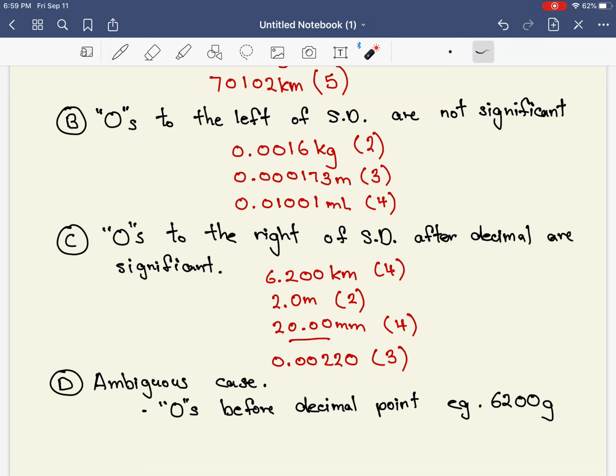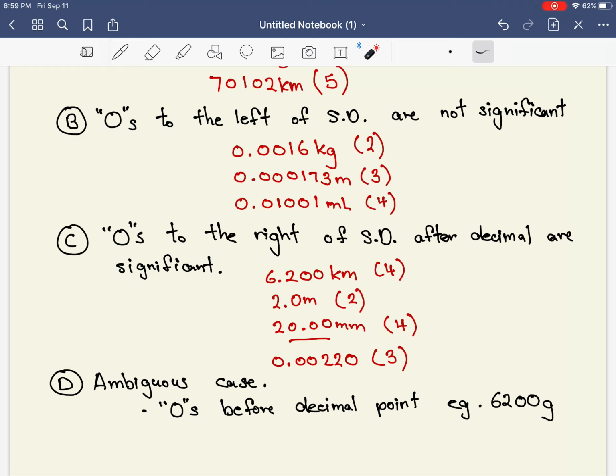Okay. Now, this is the part where it's a little weird. Some say, okay, this is 2 significant digits because these ones don't count. Some will say it's 4 significant digits. They will all count. Now, I can even make this 3 significant digits if I like.